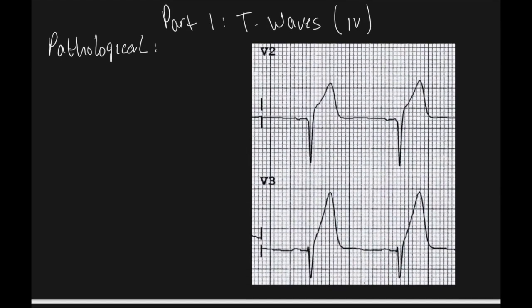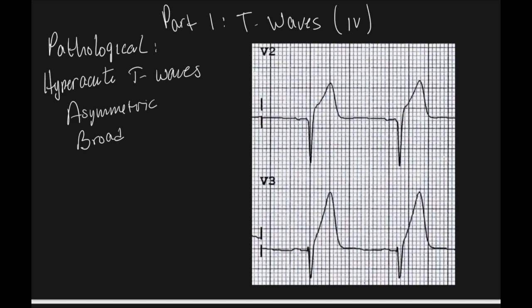Another pathological T wave finding are hyperacute T waves. These are described as asymmetrical and broad. So we see here this broad T wave, and it's asymmetrical. Hyperacute T waves can be present in something called loss of precordial T wave balance.